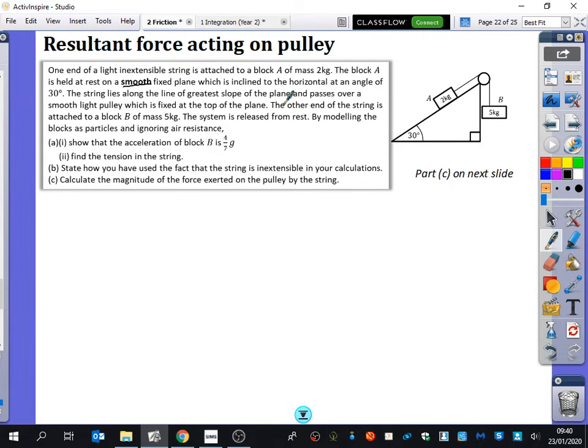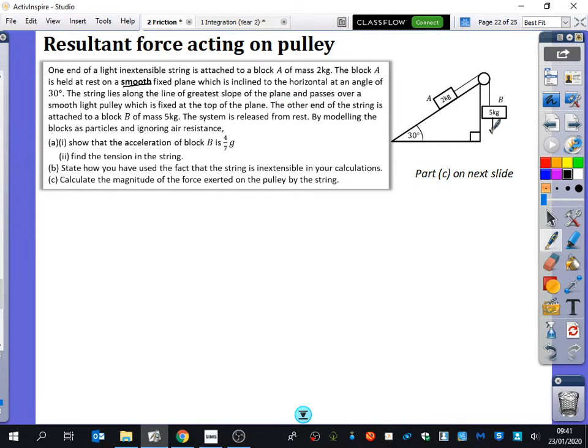All that is saying is that the string is going straight up the plane like this, not going at some kind of random angle, even though it just looks like it does in the diagram. Smooth light pulley, which is at the top of the plane, blah, blah, blah. The other end of the string is attached to a block B of mass 5 kilograms, blah, blah, blah. The system is released from rest, modelling the blocks as particles and ignoring air resistance. There's nothing interesting in that whole passage, but it's important you do read it.